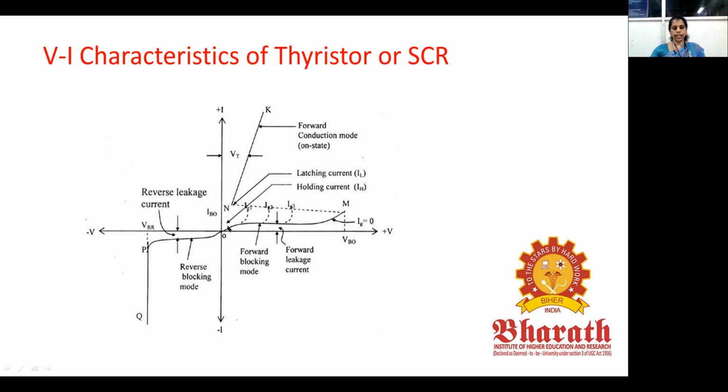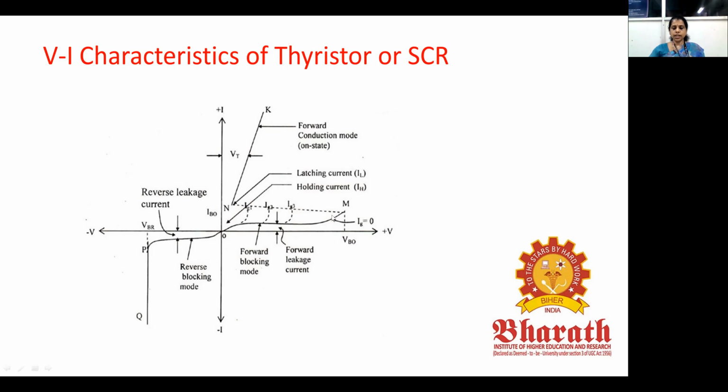As the voltage across anode cathode increases, the anode current will increase very mildly, and once it reaches the VBO, which is nothing but the forward breakover voltage, then even if I increase the value of voltage, the voltage will not increase, and from then the current starts increasing rapidly. So only when the SCR reaches the forward breakover voltage is your SCR said to be in on condition.